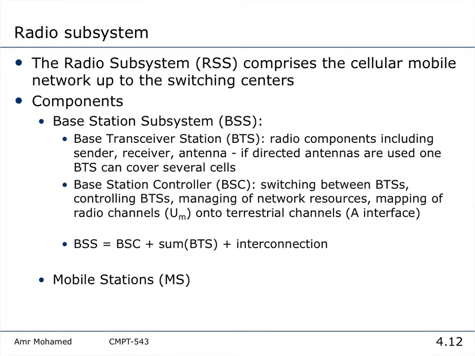So the base station subsystem is part of the radio subsystem, composed of one base station controller and one or more base transceiver stations and multiple cells. And of course, multiple BSCs together form a radio subsystem.